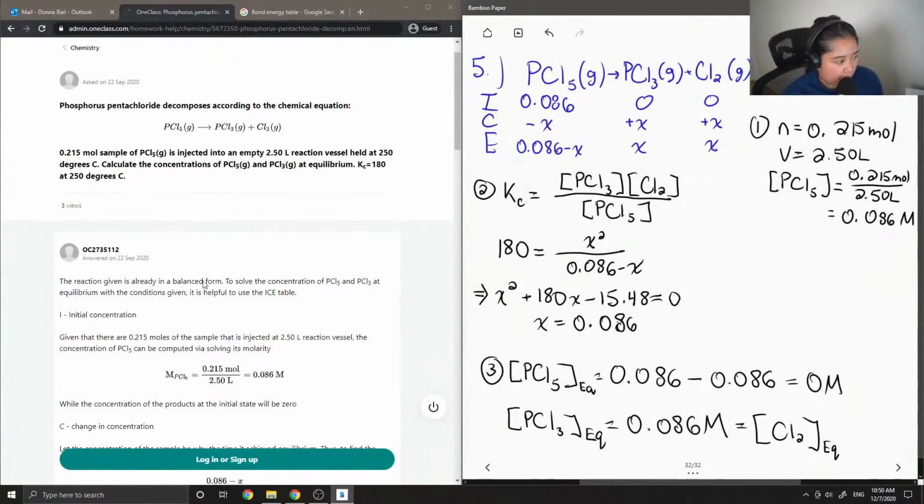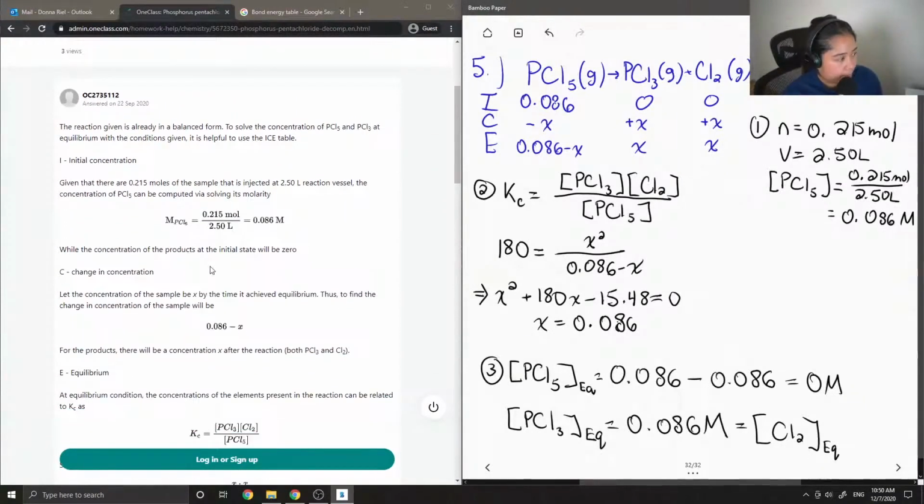Okay, so let's see what the junior tutor said. The reaction given is already in a balanced form. To solve the concentration of PCl5 and PCl3 at equilibrium with the given conditions, it is helpful to use the ICE table.